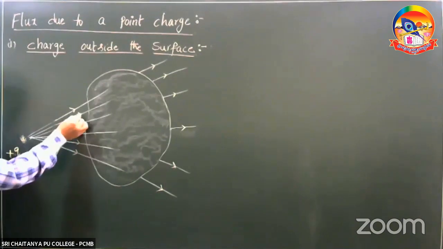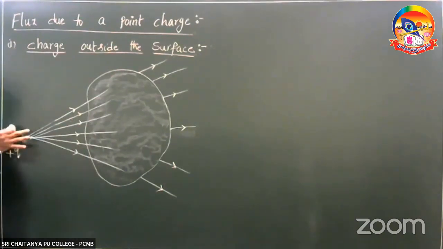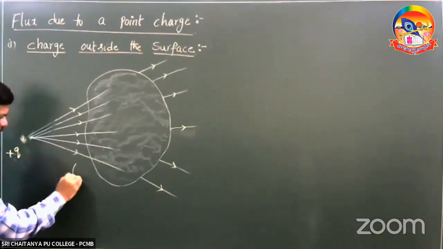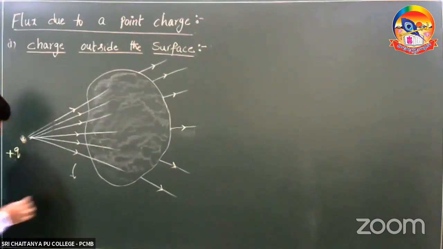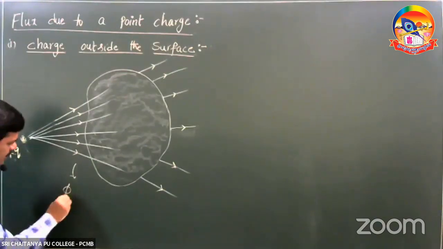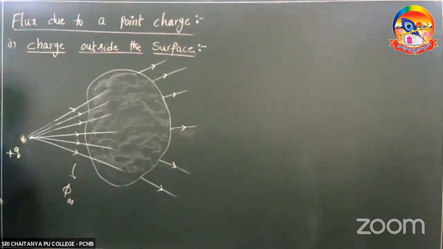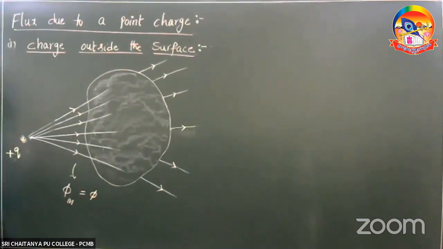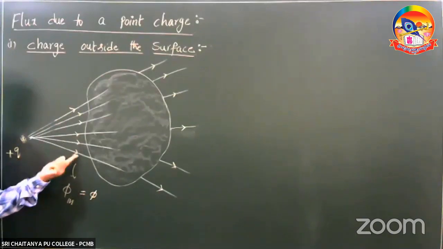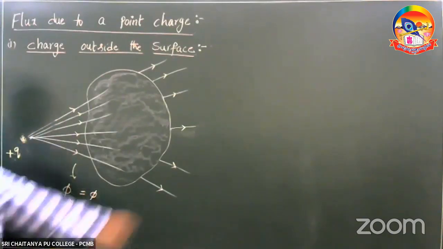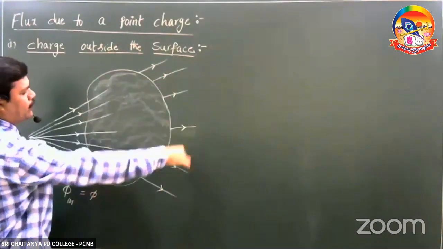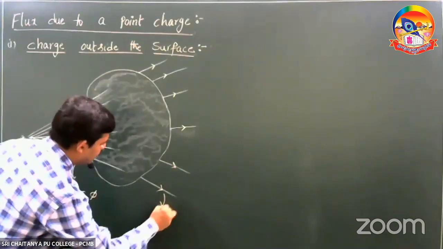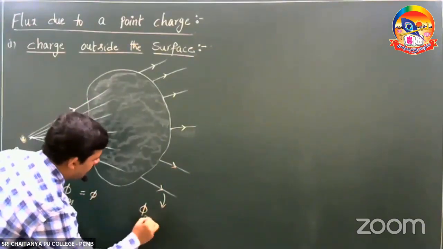See here, 1, 2, 3, 4, 5, 6. Six lines are entering. I call it phi in, the flux entering the surface. So if I ask the question, what is the flux out?